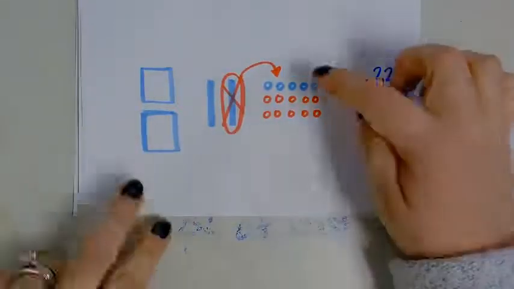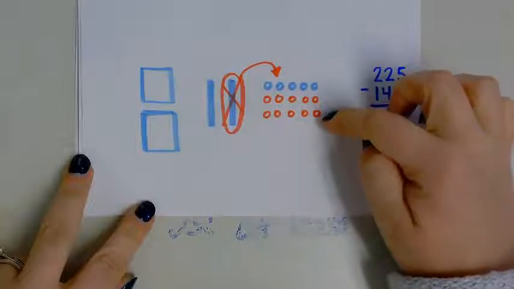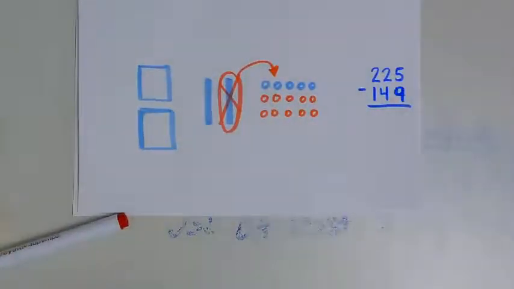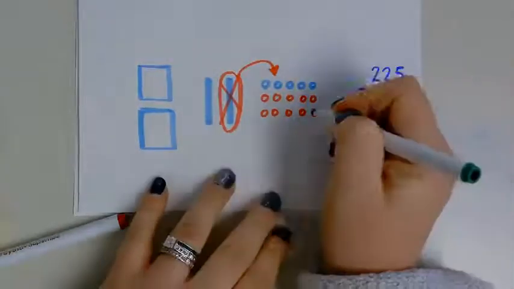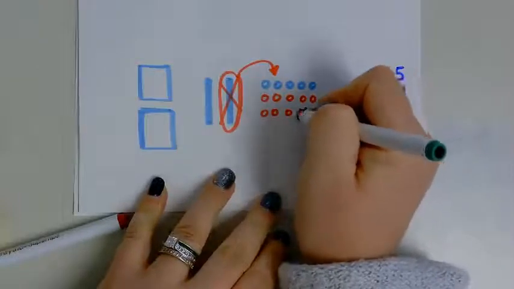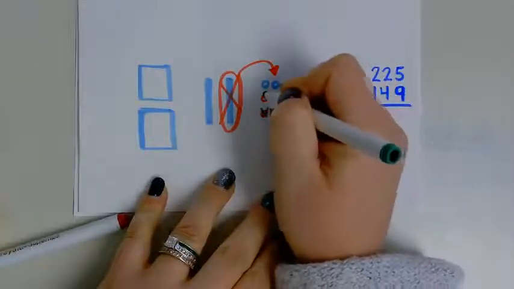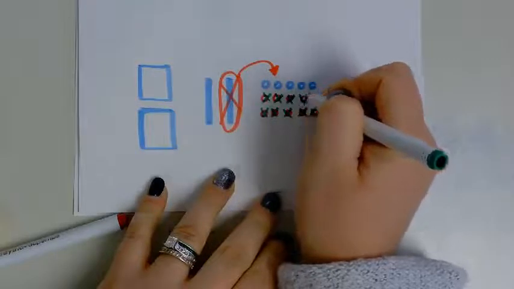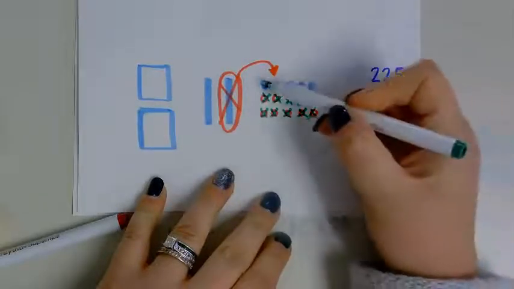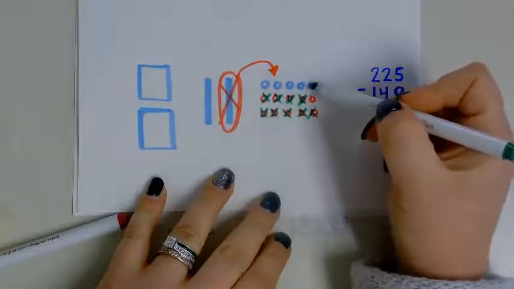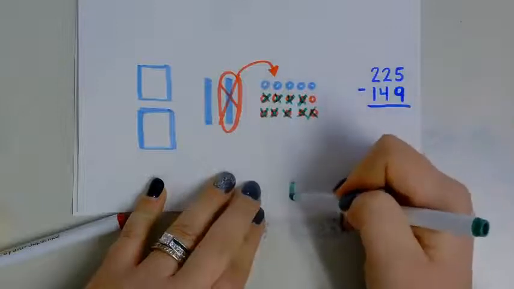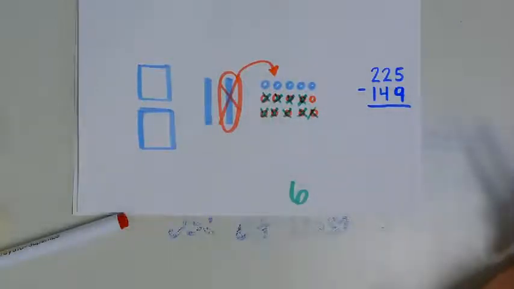Now I have 5, 10, 15 ones, and I can take away 9. Which leaves me with 1, 2, 3, 4, 5, 6 in my ones place.